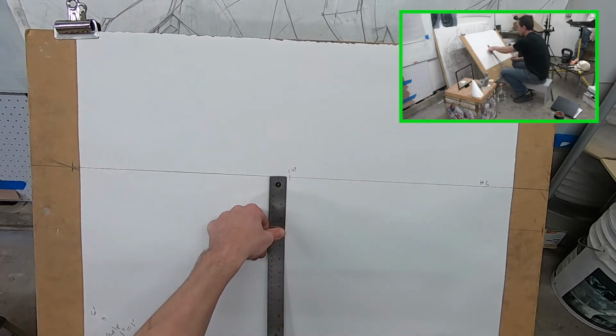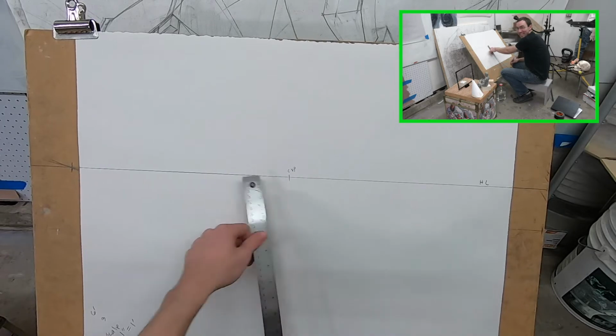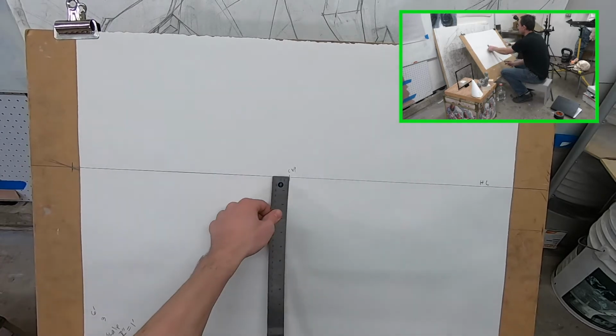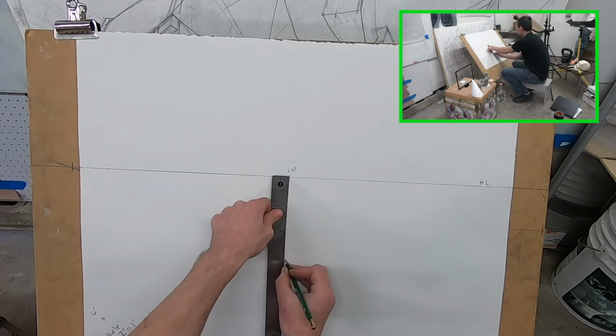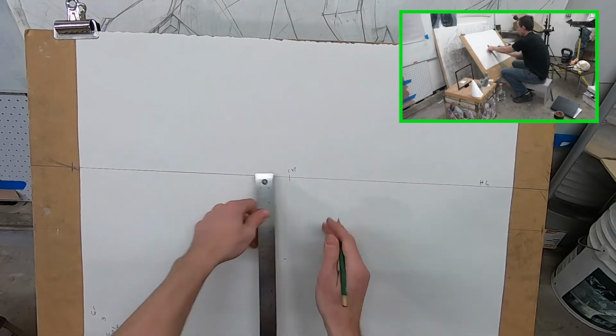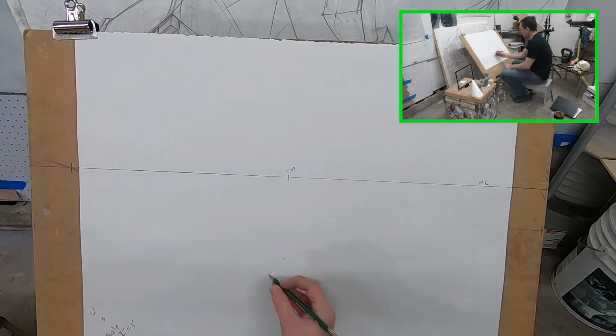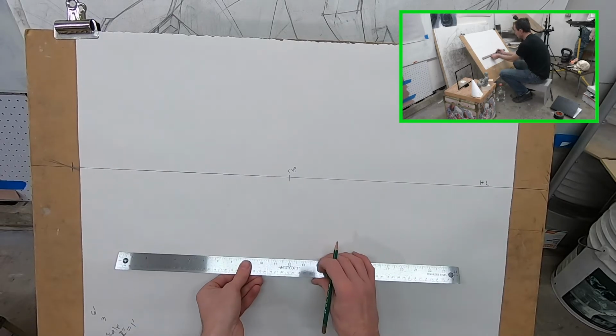Let's change that because that's so tiny. So let's make it 2 inches to 1 foot. And that would put it 6 inches down, which is a little bit more space on our paper. So that's our ground line.